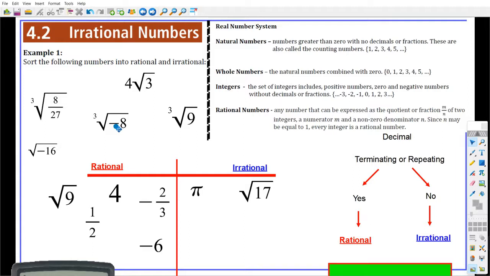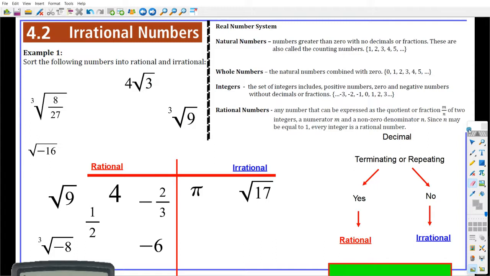And if we just put a negative in front of it, negative 2 times negative 2 would be positive 4. So negative 2 times negative 2 is positive 4, times negative 2 would give me negative 8. So this is actually the exact same thing as negative 2, which means it is rational.